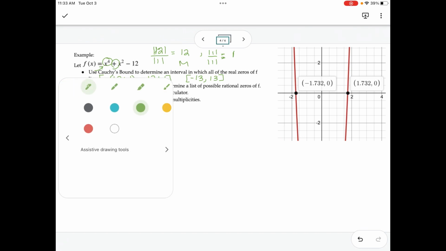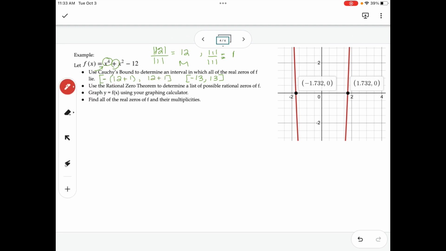So I'm going to look at P and Q here. 12 is my P value, and Q is my 1 value. So the factors of 12 are 1, 2, 3, 4, 6, and 12.